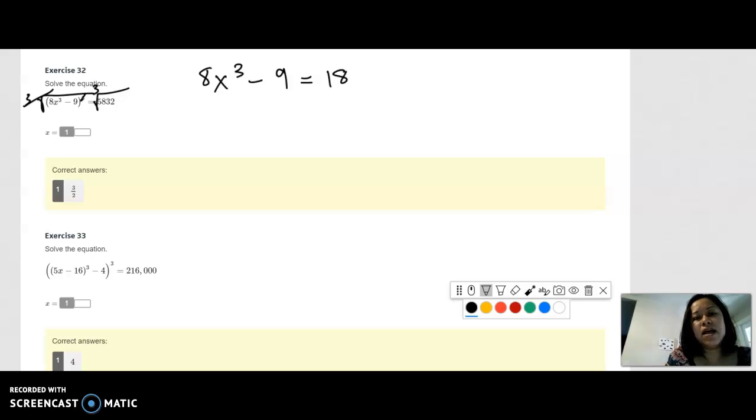Now we can undo our addition and subtraction first by adding 9 on both sides. We get 8x cubed equals 27. And now we want to divide by 8.